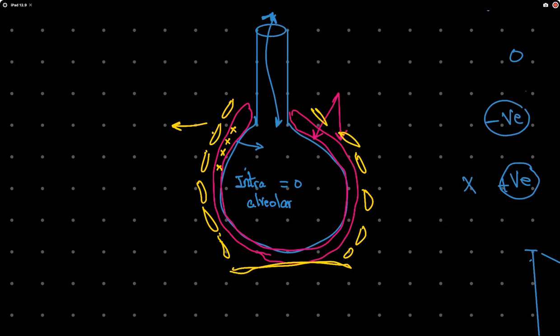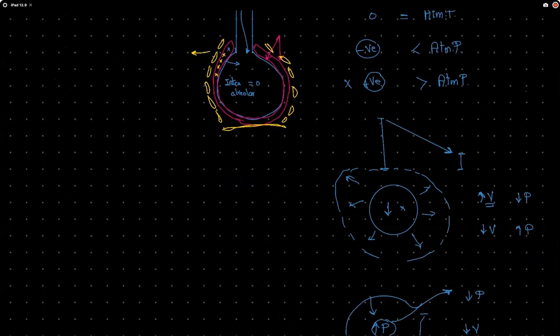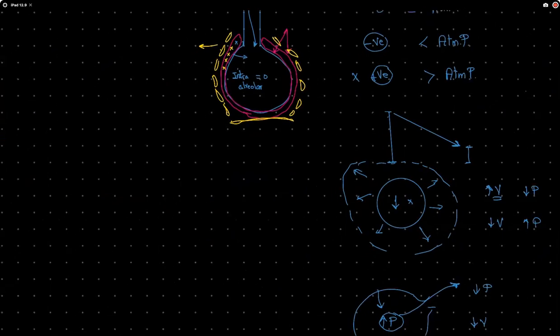And as we've mentioned, we have two layers in the pleura. One is attached to the lung, one is attached to the chest wall. So the two layers are trying all the time to move apart, and this is going to increase the volume within my pleura. If I have an increase in volume, what's going to be my pressure? Remember, if I have an increase in volume, I have a drop in the pressure.